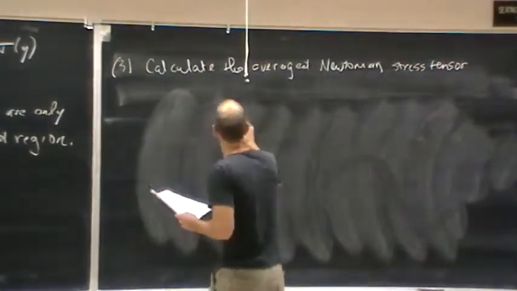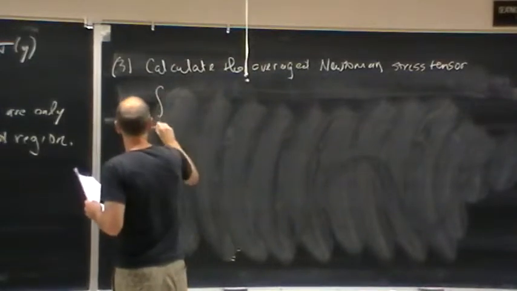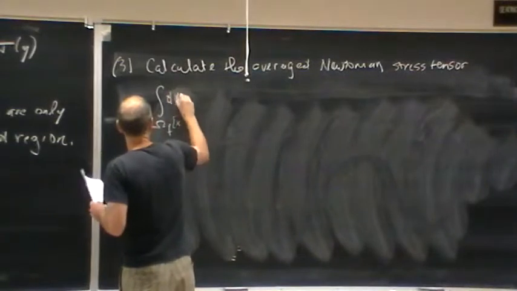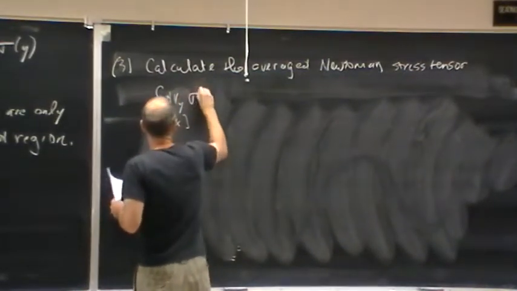Now, plainly, I have an integral over omega f of x, dy, sigma f.